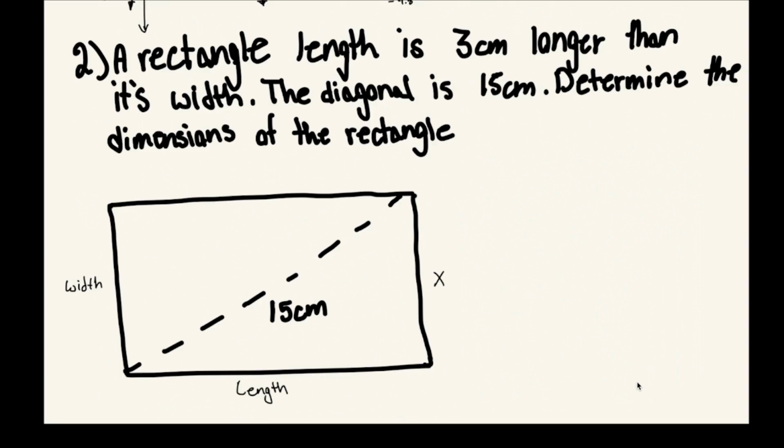But we do know the length in comparison to the width, because we know the length is going to be 3 centimeters longer than the width. So 3 plus x. So now what do we do with this information?